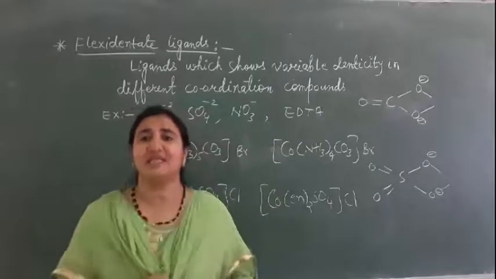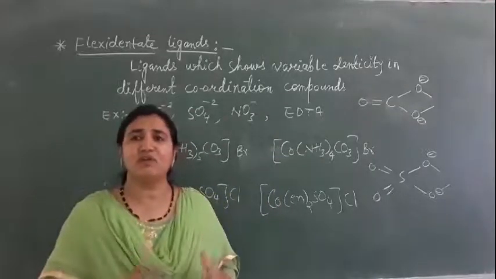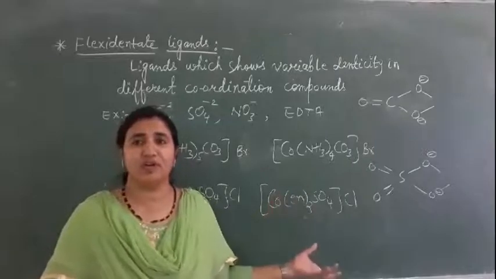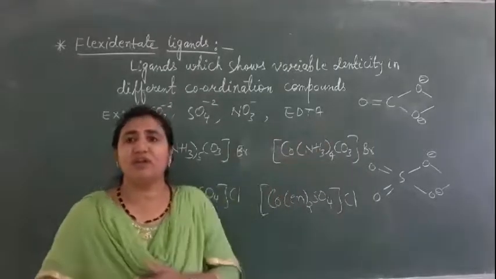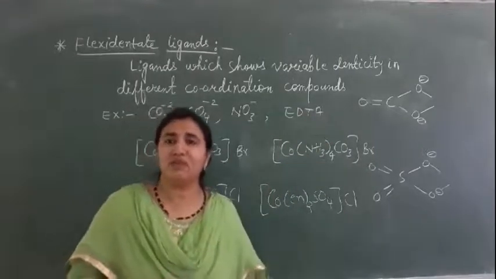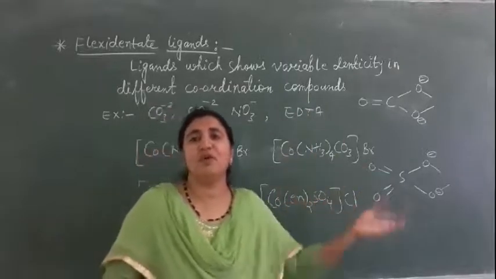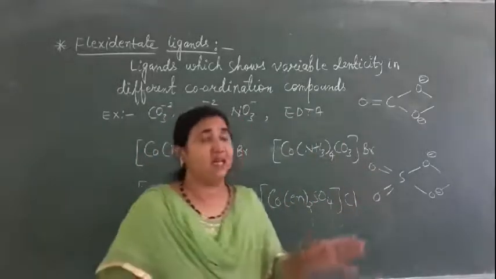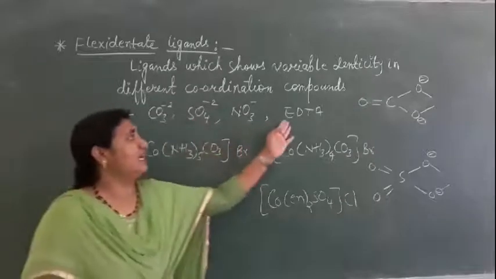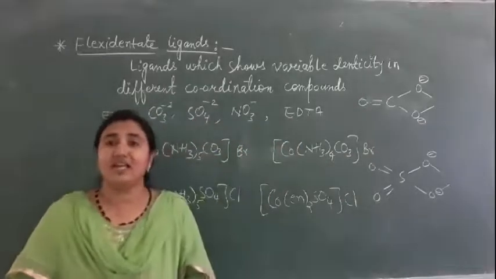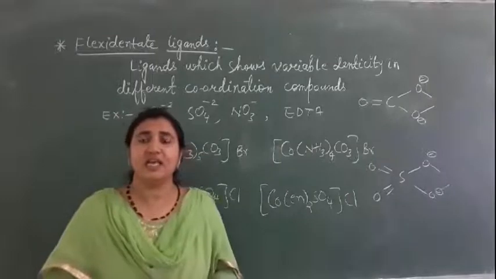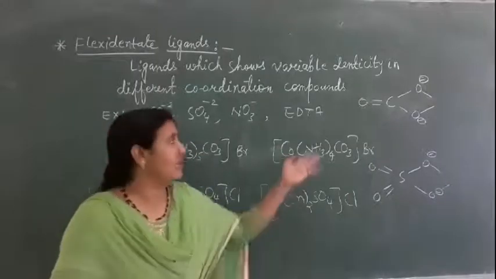That's why it is called flexible, it is not fixed. They will donate only two electron pairs at most because they have two electron pairs, but sometimes they donate one and sometimes two. Similarly, EDTA, ethylene diamine tetraacetate ion, we have seen as a hexadentate ligand, and it can also act as a pentadentate ligand.